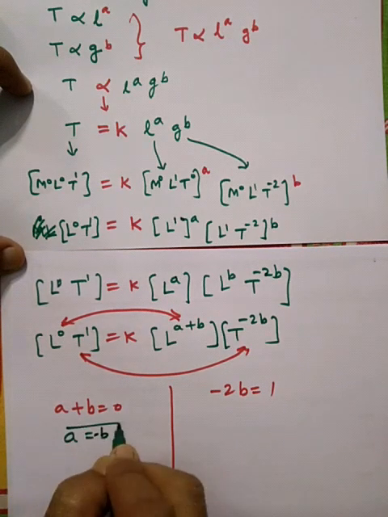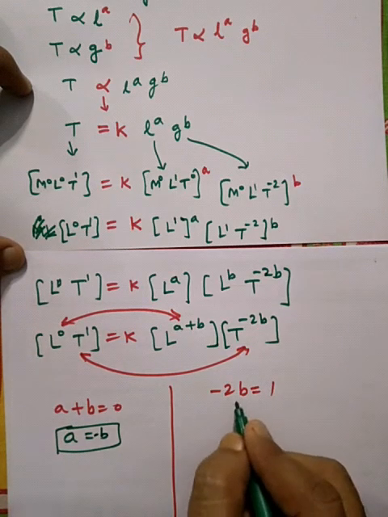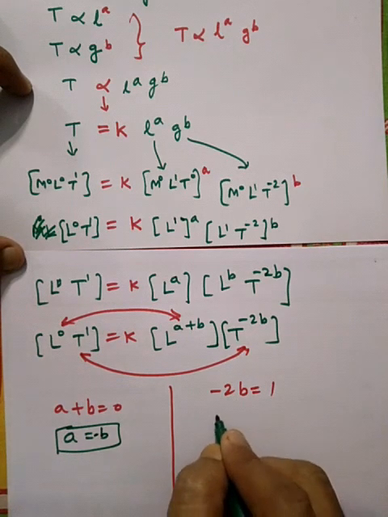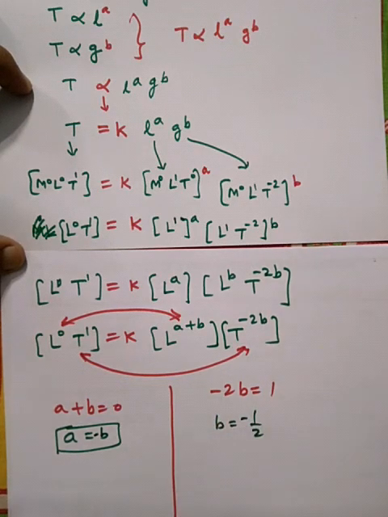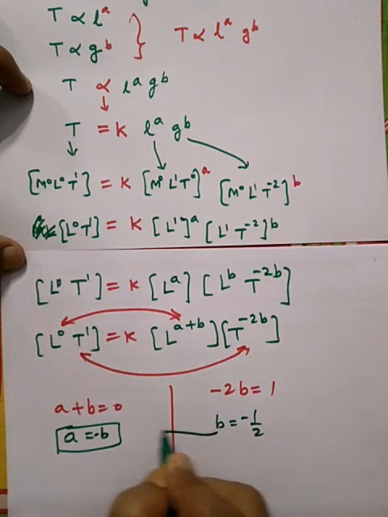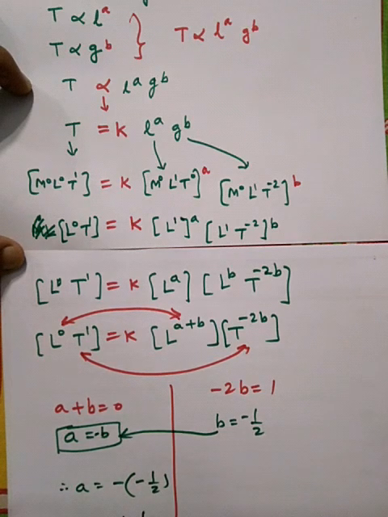And minus twice b is equal to 1, therefore b is equal to minus 1 by 2. Putting the value of b here, a is equal to minus of minus 1 by 2, minus and minus get plus, a is equal to plus 1 by 2.